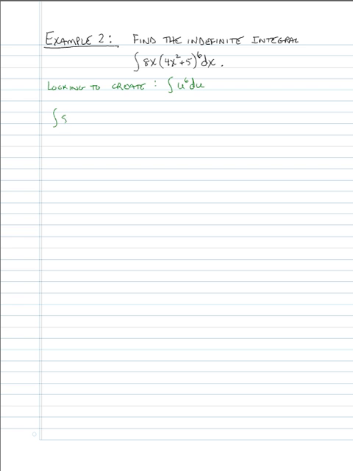So let's rewrite it. The integral of 8x times 4x squared plus 5 raised to the power 6 with respect to x. That gives us a hint right away that u needs to be the 4x squared plus 5. So when we look at that, our integral becomes 8x, and in place of 4x squared plus 5, we have a u.